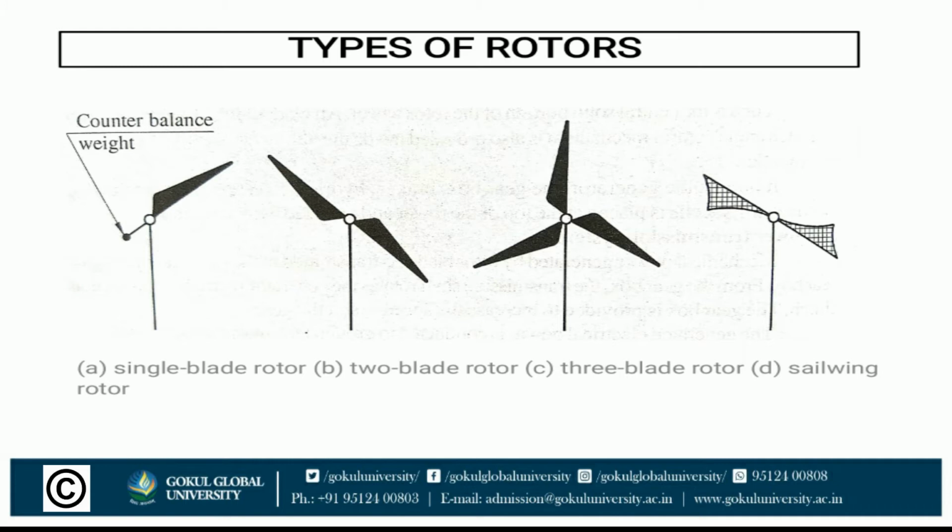Large horizontal axis wind turbines have been manufactured with two and three blades. As I discussed earlier, a single blade rotor with a balancing counterweight is economical and has simple controls, but it is noisy and produces unbalanced forces. It is used for low power applications.